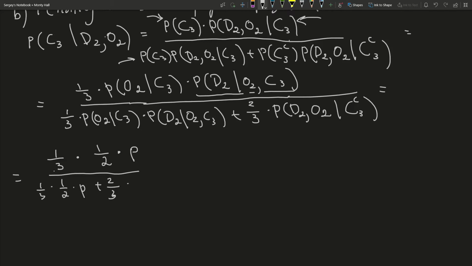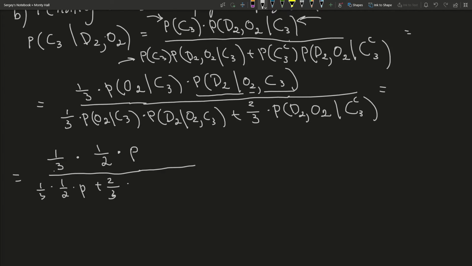And now again, what is the probability that Monty opens door 2, revealing there is a computer behind it, given that the car isn't behind door 3? Well, just like we did before, we can rewrite this by using the definition of the probability of the intersection of two sets.